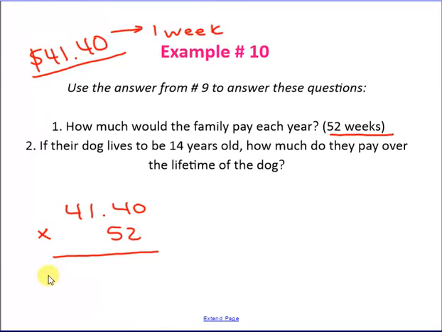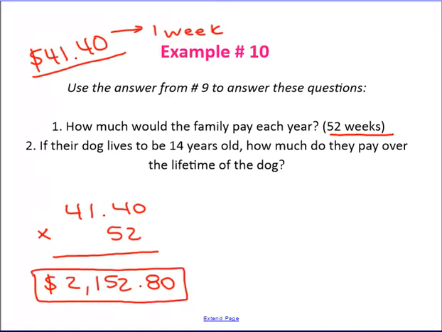So in 1 year, they are going to pay $2,152.80. Now, when you put this in your calculator, it's just going to give you 0.8 because it automatically removes the 0 from the end. It doesn't know that you're talking about money. But remember, the only acceptable way to write money is to write it with 2 spots after the decimal. So I need to add that 0 back in. So this is the answer for number 1, and that's a lot of money.